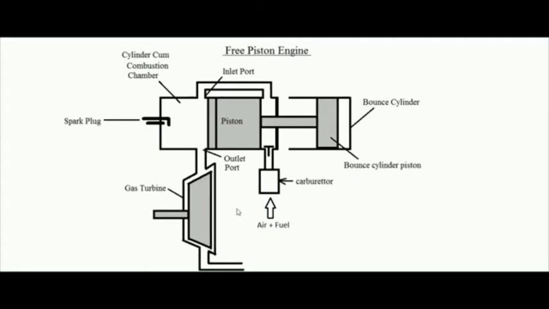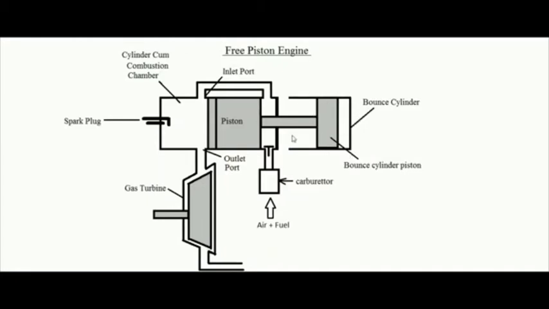This is the principal diagram. It consists of a bounce cylinder, as I am showing with the arrow. This is the bounce cylinder which has a piston with it. The bounce cylinder consists of some air trapped between this piston and the cylinder.